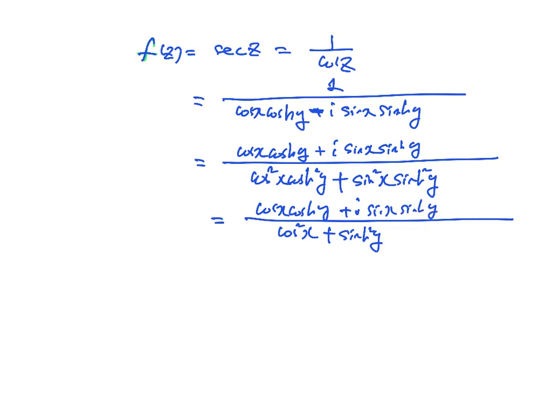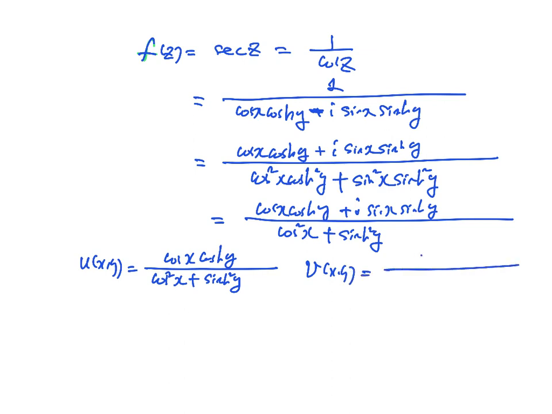So u of x, y is basically cosine x cosine hyperbolic y over cosine square x plus sine hyperbolic square y, right? And v of x, y is minus sine x sine hyperbolic y over the same denominator.